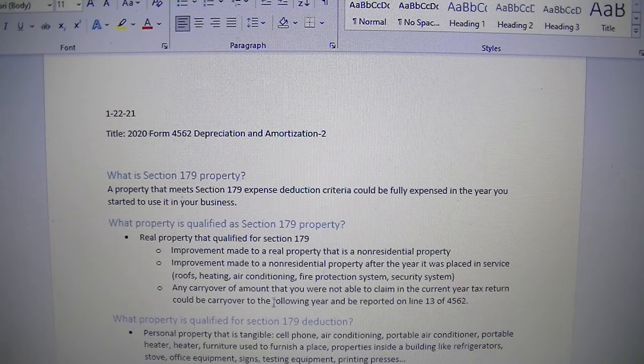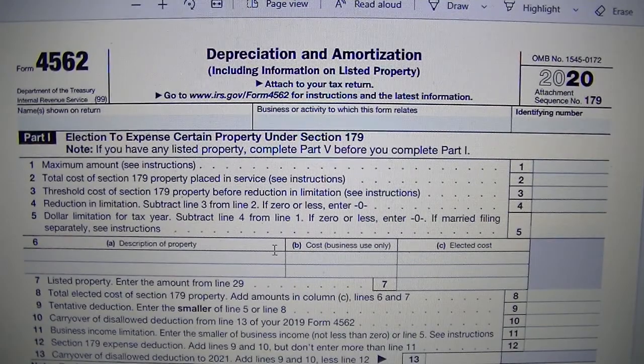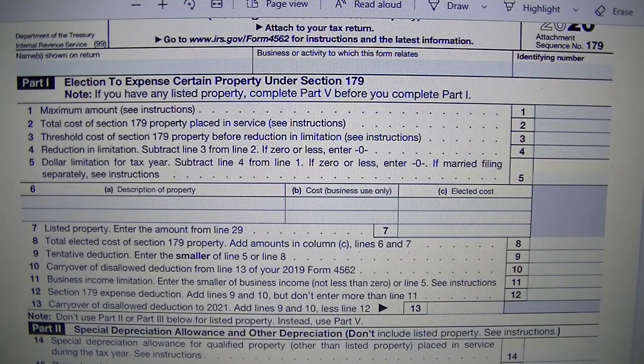Any carryover amount that you are not able to fully claim in 1 year could be reported on Form 4562 for the following year, and that will go on line 13 of Form 4562, still Part 1.